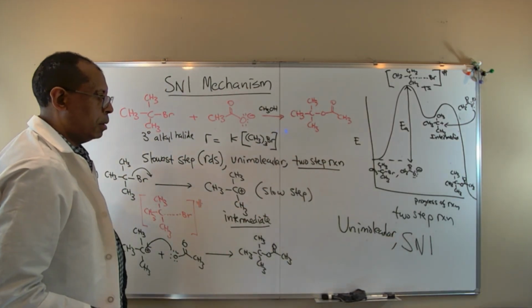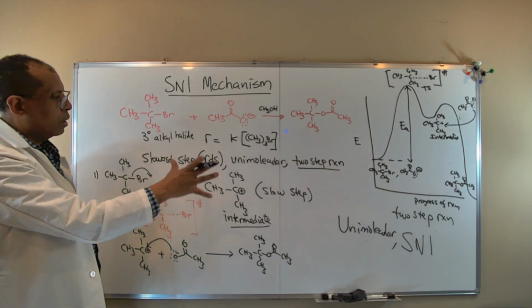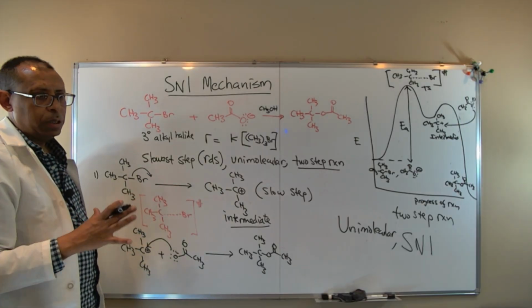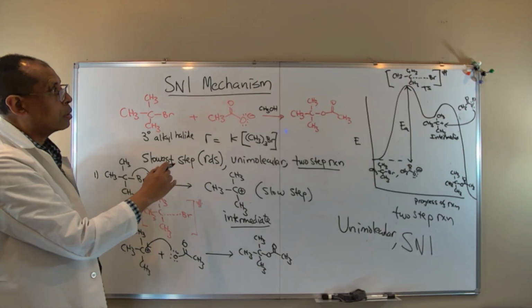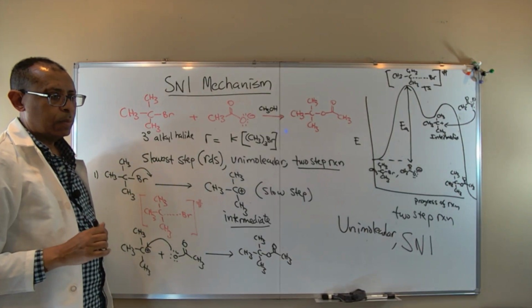So it's a unimolecular SN1 reaction. It looks like this. This is everything you need to know as far as the mechanism is concerned with arrows, how the SN1 mechanism looks like.